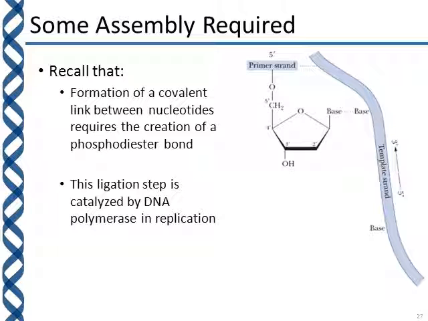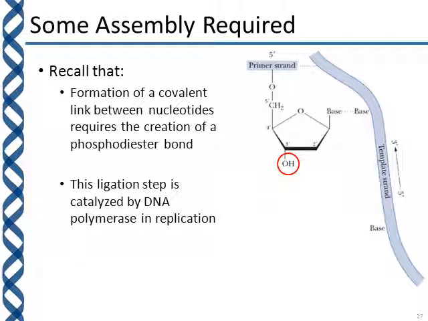So after the cleavage and the complementary binding, there's still some assembly required. If you recall, the formation of a covalent link between nucleotides requires the creation of a phosphodiester bond. This step is catalyzed by DNA polymerase in replication. Here this shows the template strand and our nucleotide.